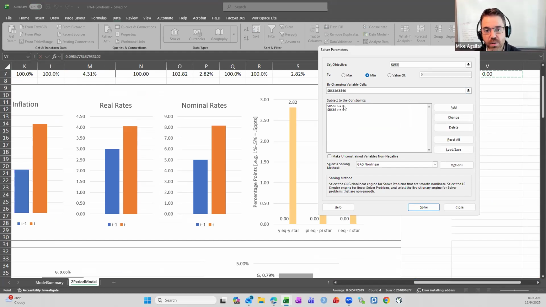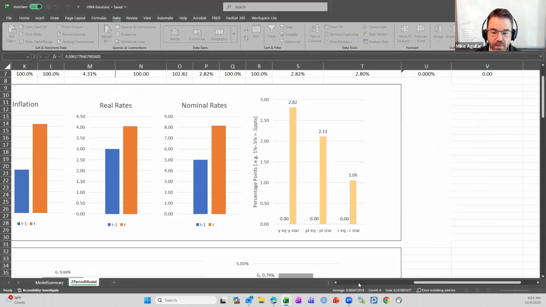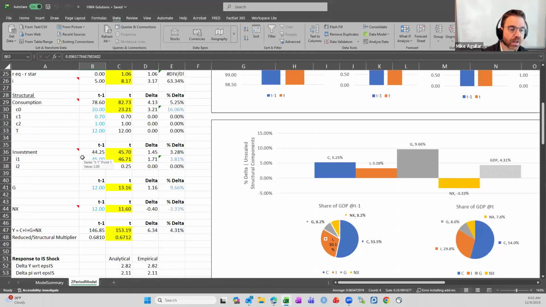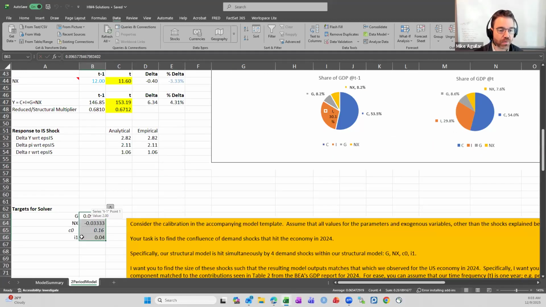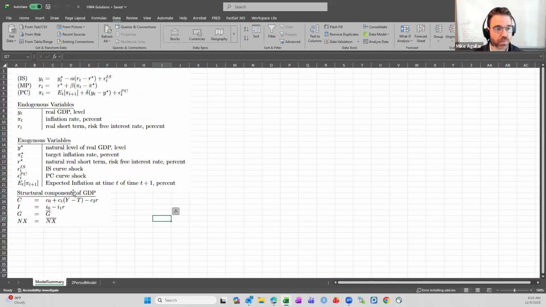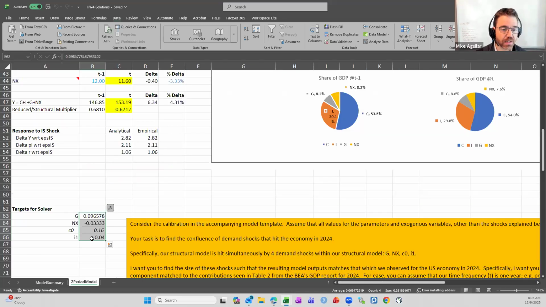I also added a couple of constraints. I set two of them to be greater than or equal to 0. Now, why did I do that? Well, we know that all the parameters in our model, and in fact, I'm going to show you the model summary, anything that you see on here that's a parameter, the alpha, the beta, the delta, they're all defined to be non-negative. So I wanted to make sure that my solver knew that these bits and pieces here were non-negative.